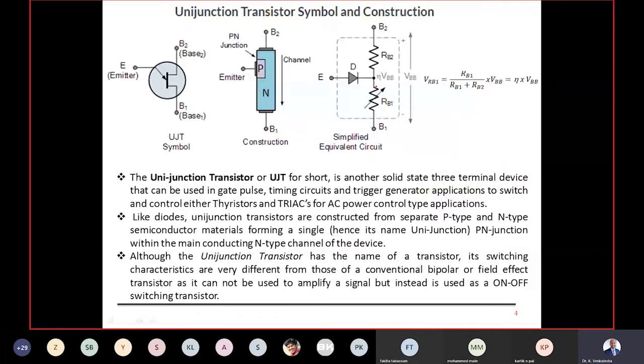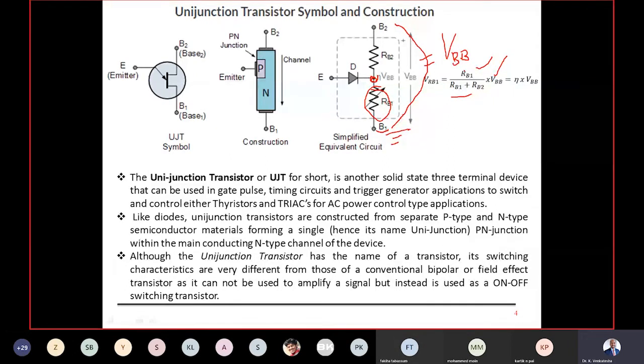Then, if you measure the voltage at this particular point with respect to the ground point, this base 1 is the ground point. Let us say the main supply voltage is VBB, applied from B2 to B1. I want the drop across my RB1, which we say VRB1. VRB1 is equal to RB1 by RB1 plus RB2 times VBB, the main supply voltage.